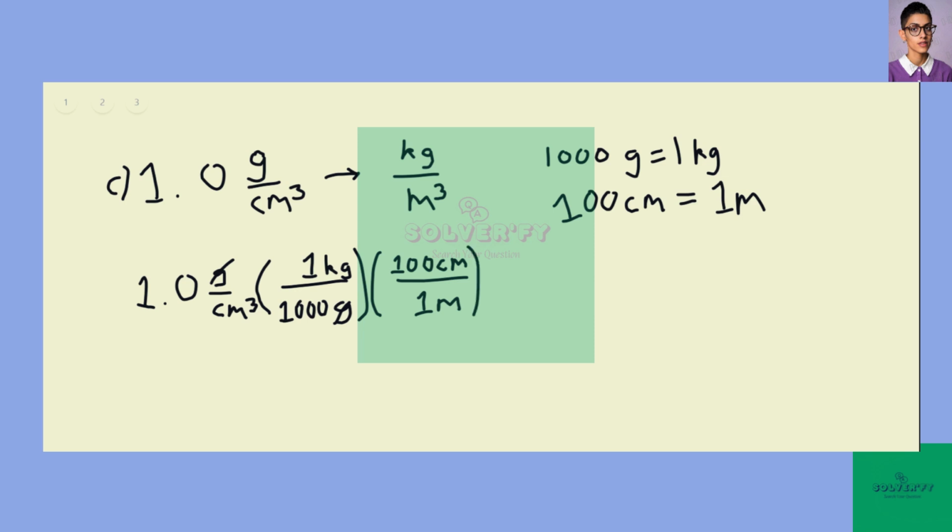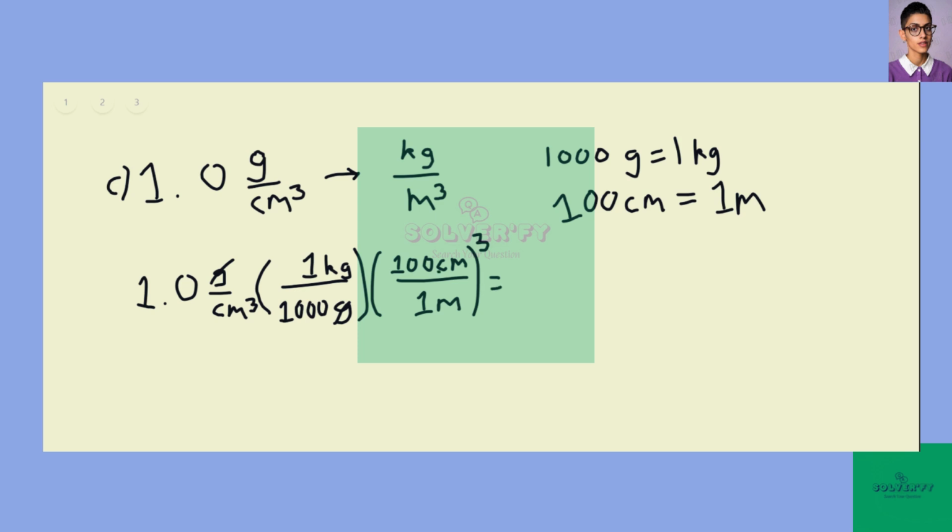The thing is, we have centimeters cubed, but right here we only have 1. So what we actually have to do is cube this whole entire quantity. This 3 will get distributed to this 100 and this centimeter, giving us 1 million centimeters cubed per 1 cubed, which is just 1 meter cubed.